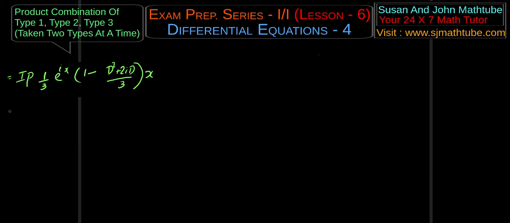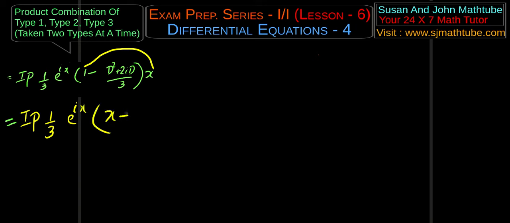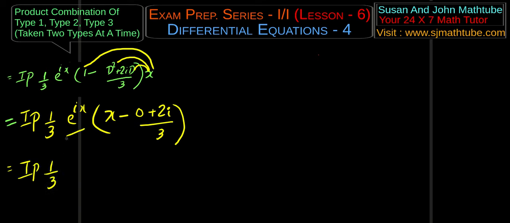Okay, now what we do is we distribute this x. So we get imaginary part of 1 by 3 into e power ix, and x goes inside, minus second derivative 0 plus 2i derivative of x is 1 by 3, and that is equal to imaginary part 1 by 3, e power ix, and then x minus 2 by 3i.